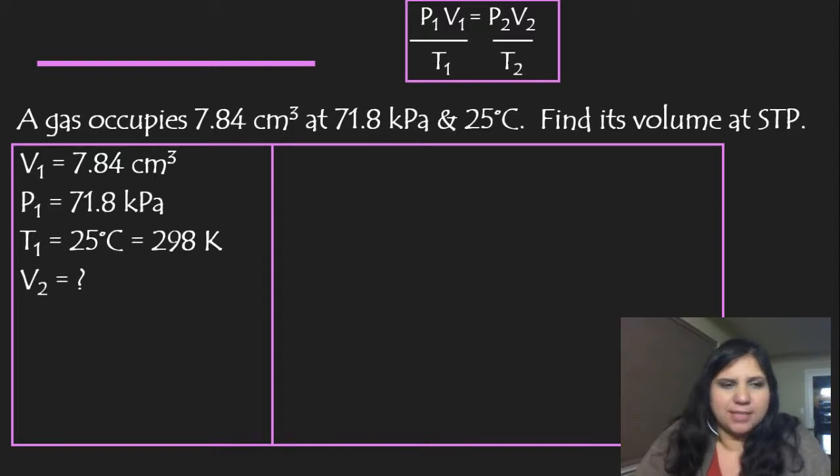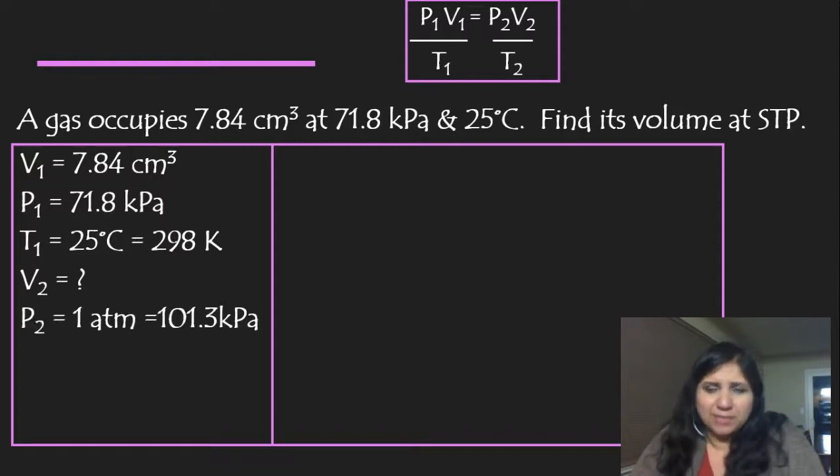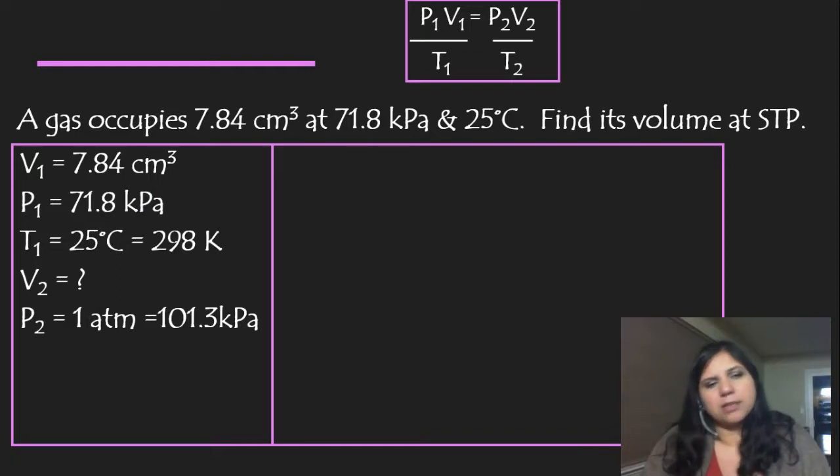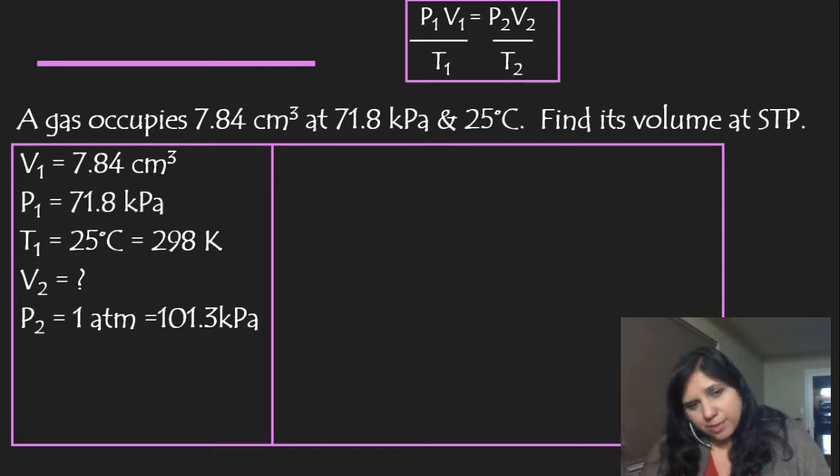So that means that volume is unknown. And now we need a standard pressure. So standard pressure would be 1 atmosphere. Now I don't want to really leave it in atmospheres because the pressure given to me is in kilopascals. It's much easier to change this 1 atmosphere into kilopascals than to convert the kilopascals into atmospheres, but you can do it either way as long as you have the same units.